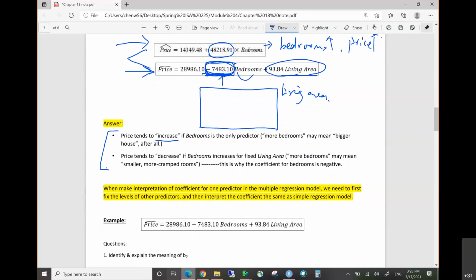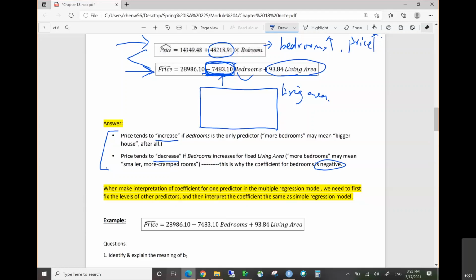Now if I add one more variable, the living area, into this regression, I need to consider the living area at the same time. That means the price tends to decrease if the bedrooms increase for a fixed living area. More bedrooms means smaller, more cramped rooms. That is why the coefficient for the bedrooms is negative in the multiple regression.